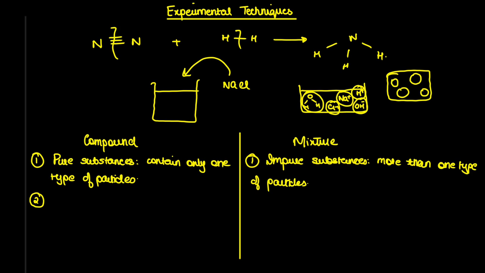Both will not show the same chemical reactions. They will show different chemical reactions. Why? Because they are two different substances, and ammonia will not show the chemical reactions of nitrogen and hydrogen, right?